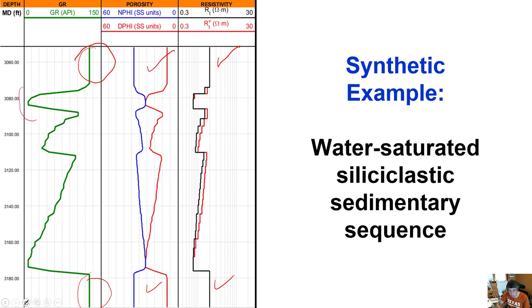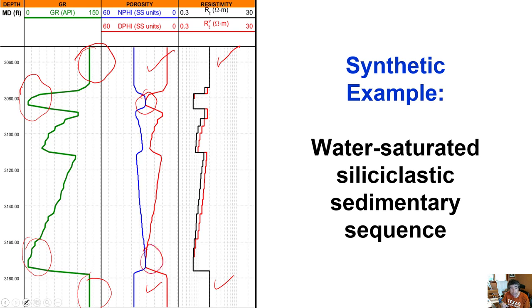When the gamma ray log exhibits the lowest values of the sequence, those are the lowest values, and to remind you, this is water saturated. What we expect is that if for those lowest values of gamma ray log, the sandstone is shale-free, the neutron and density logs expressed in sandstone porosity units should overlap.